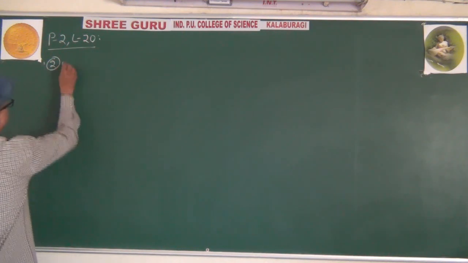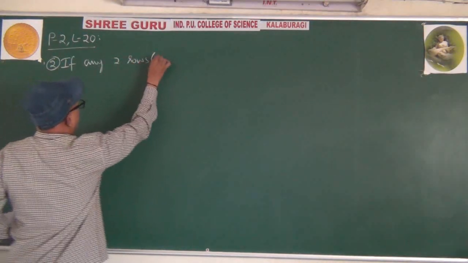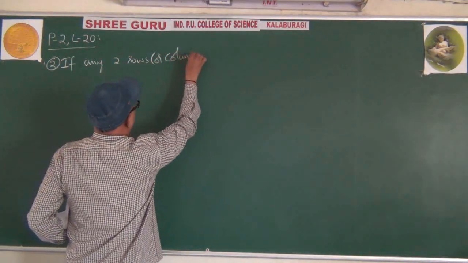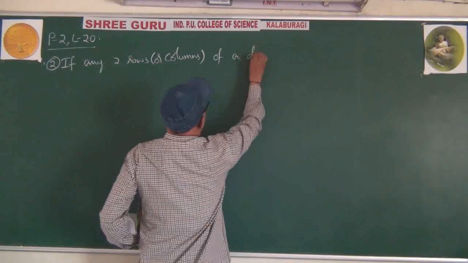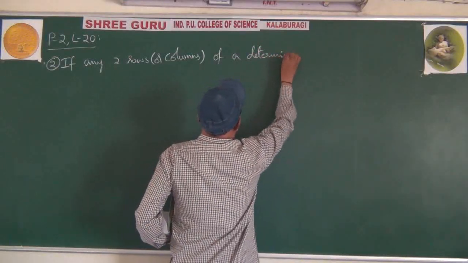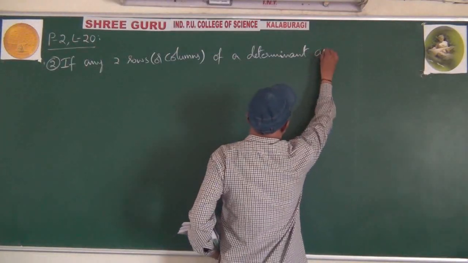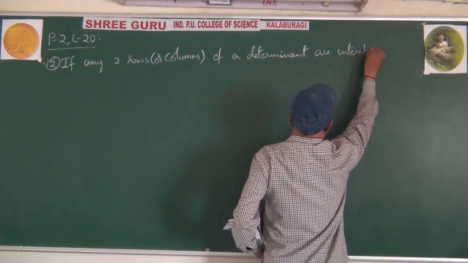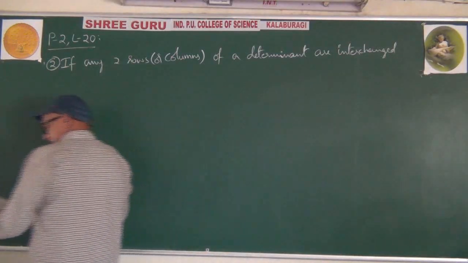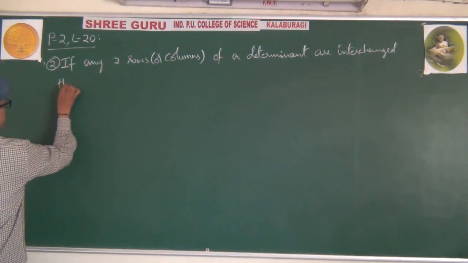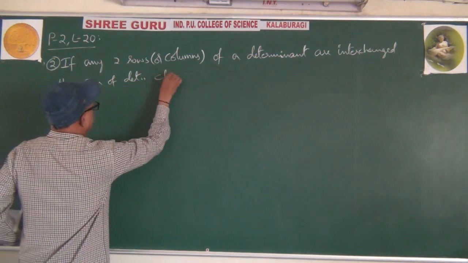If any two rows or columns of a determinant are interchanged, then the sign of the determinant changes.